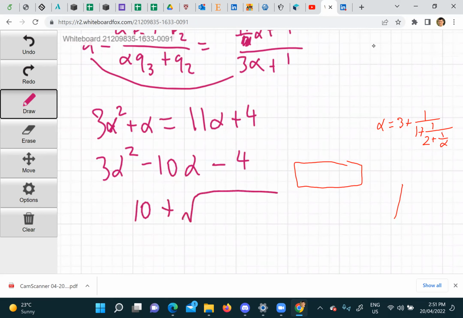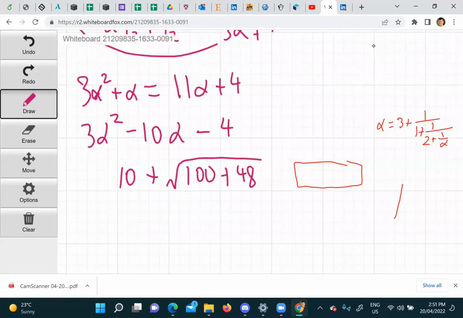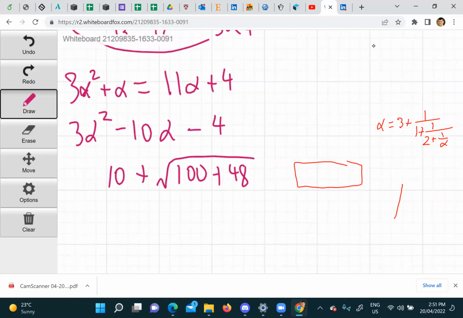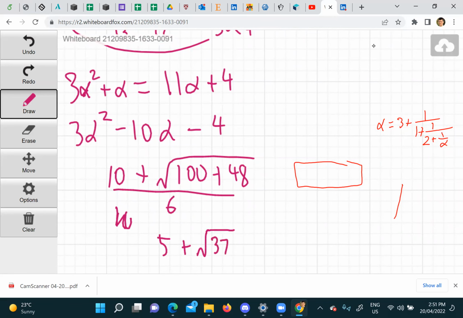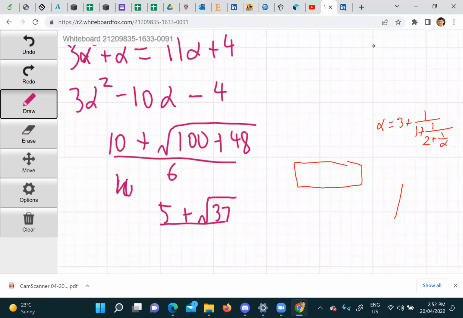It's only plus because otherwise it'd be negative. 100 plus 48. That's more than 12 by a little bit, over 6. So that's equal to 5 plus root 37 over 3.